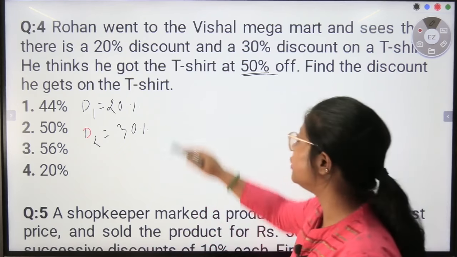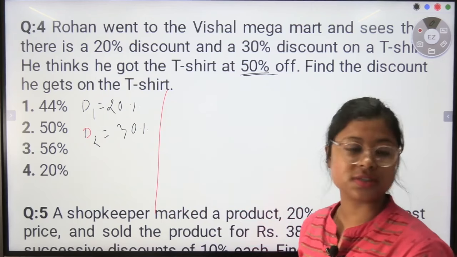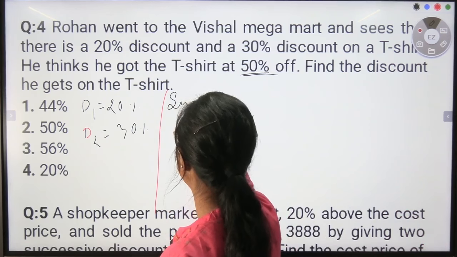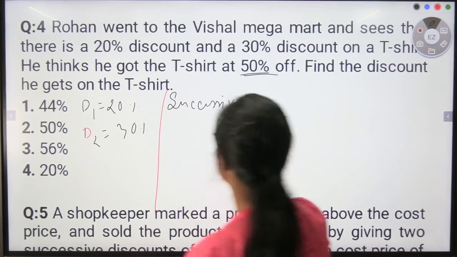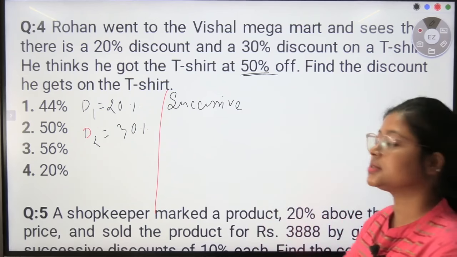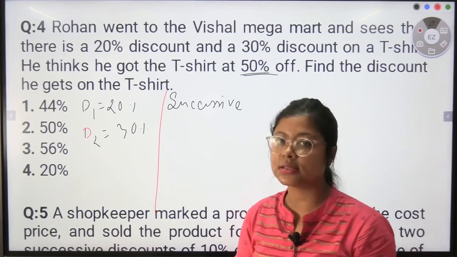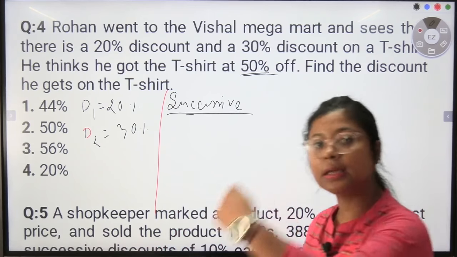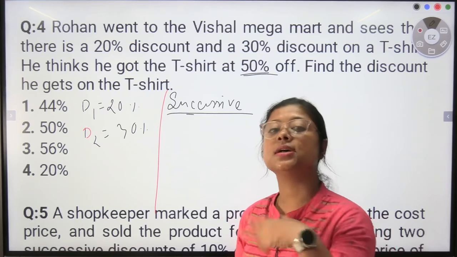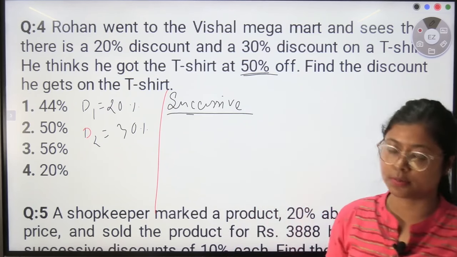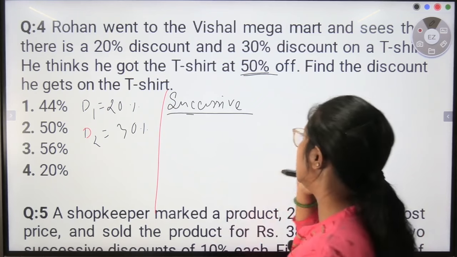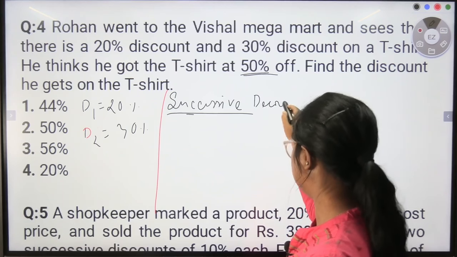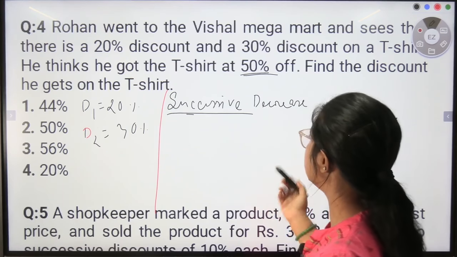For that we have a formula for successive discount or successive profit. You may call it successive discount, successive increase, successive decrease; the formula is applicable to everything. Discount actually means decrease.